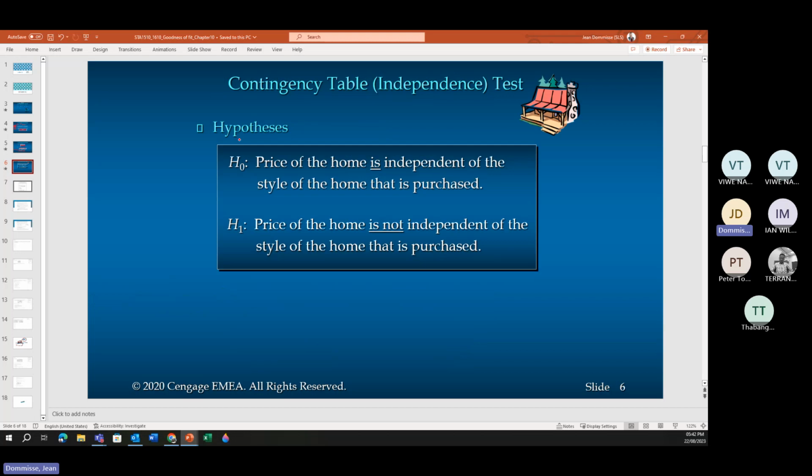Okay, and then I just wanted to show you what a typical hypothesis would look like. Your null hypothesis is the one that says it is independent, and your alternative hypothesis is the one that says it is not independent.